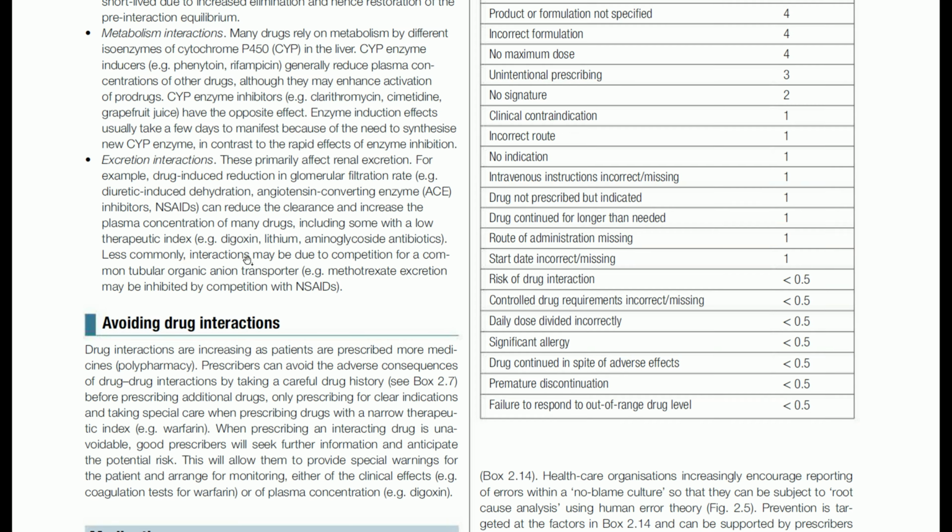Less commonly, interactions may be due to competition for a common tubular organic anion transporter, for example methotrexate excretion may be inhibited by competition with NSAIDs.